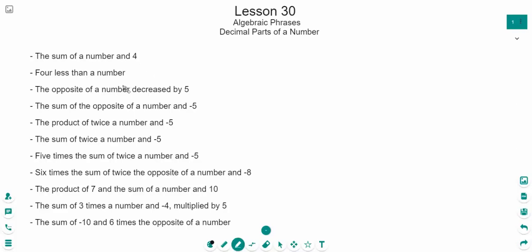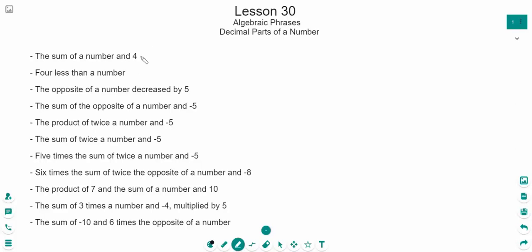Otherwise, we might have a real world problem, and if we can't translate that into a mathematical equation, then there's really nothing we can do to solve that problem mathematically. So it does become very important to be able to translate things from the English language into the algebraic language. All right.